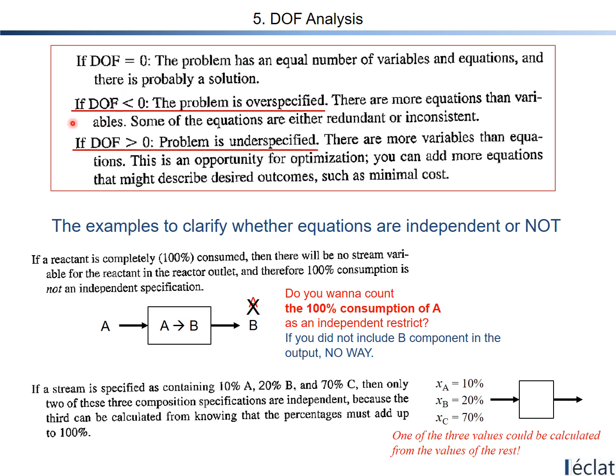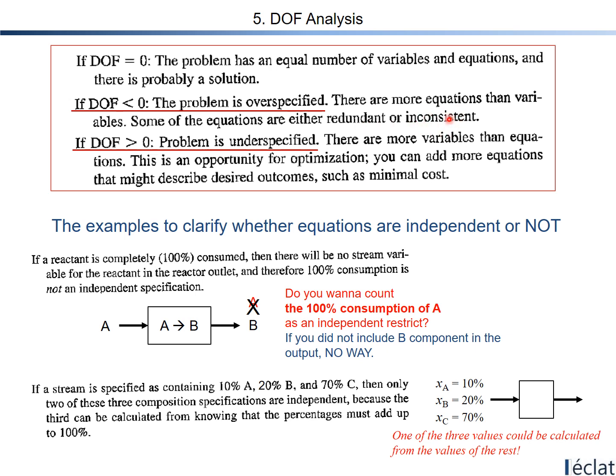But if degree of freedom is less than 0, the problem is overspecified. There are more equations than variables. There are more specifications than unknowns. Some of the equations are either redundant or repeated or inconsistent.